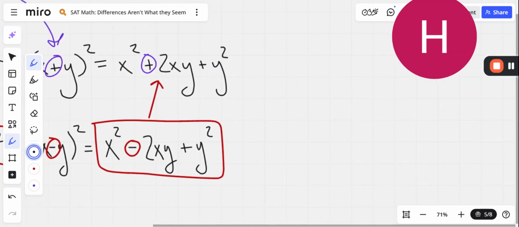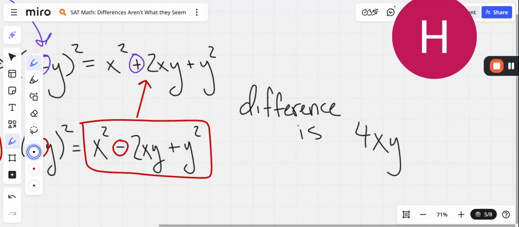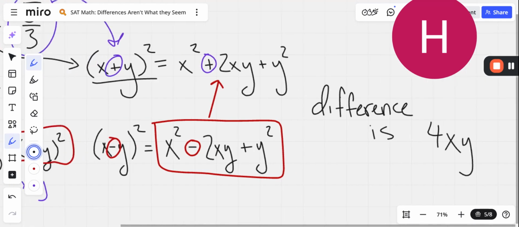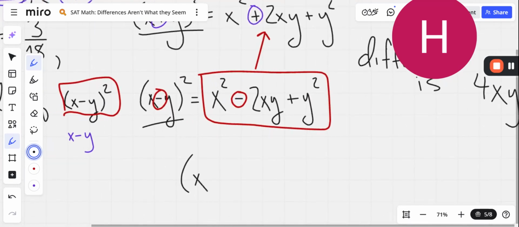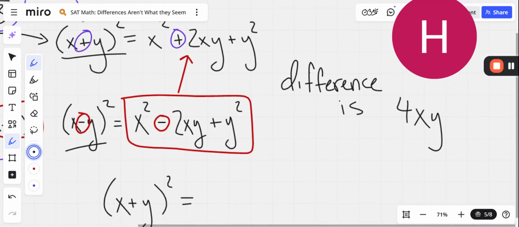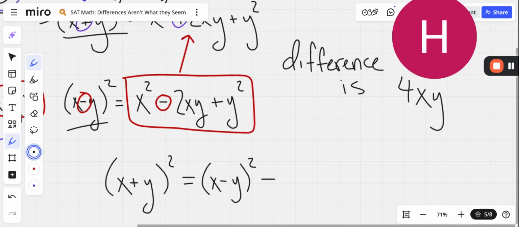Well, if you just take a notice that the difference between these is the middle term, 4xy. That's how much more this expansion is than this expansion. So I could write x plus y squared is equal to x minus y squared plus 4xy.